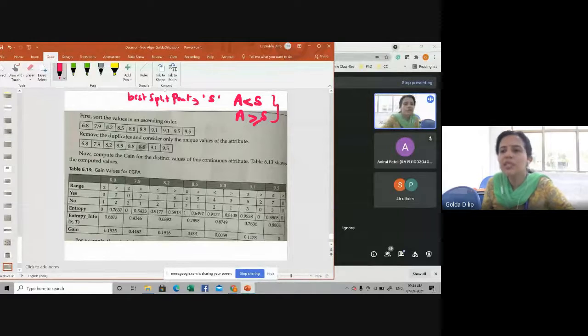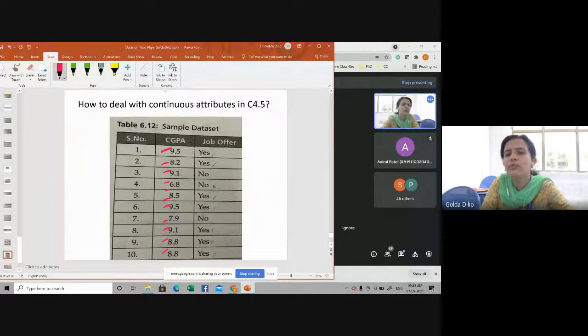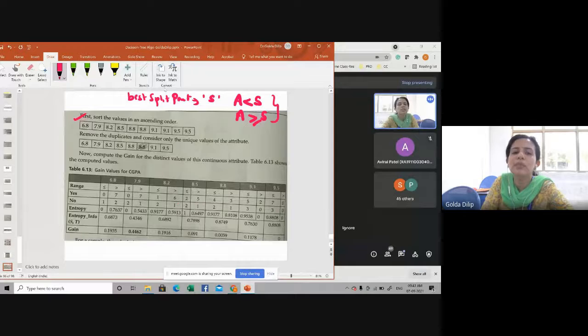We have some steps for doing this. First, you sort the values of the continuous attribute, here continuous CGPA, in ascending order. Then you remove the duplicates and consider only the unique values of the attribute. After that, you compute the gain for the distinct values.